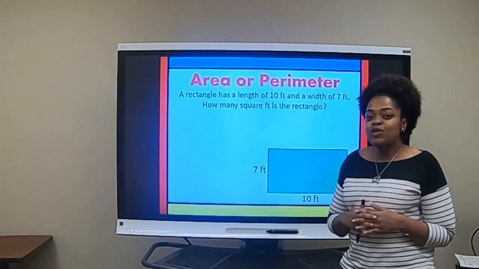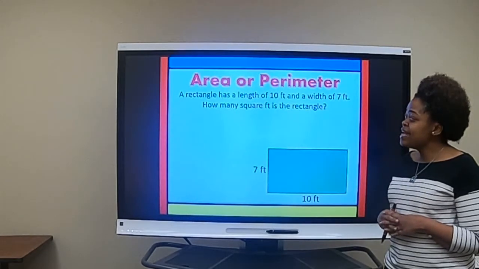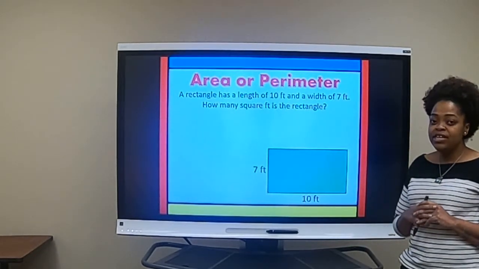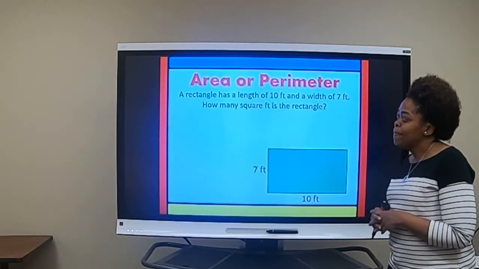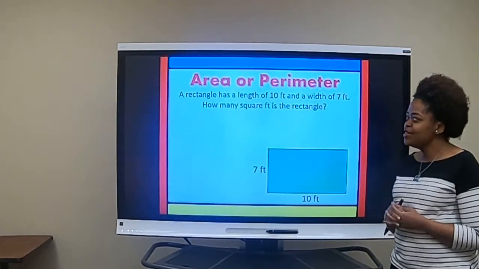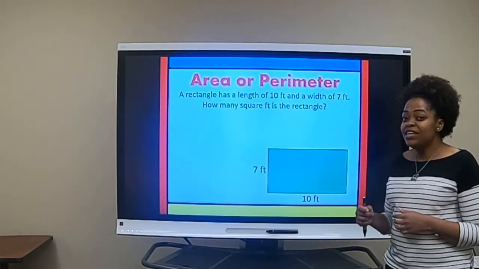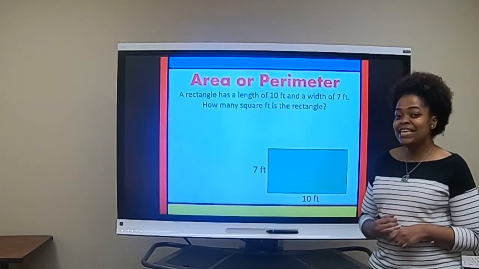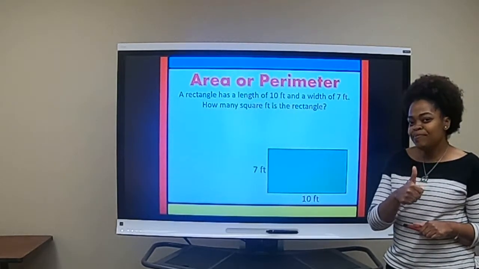All right, our first word problem says that a rectangle has a length of 10 feet and a width of 7 feet. How many square feet is the rectangle? If you think this word problem is an area word problem, then give me a thumbs up.